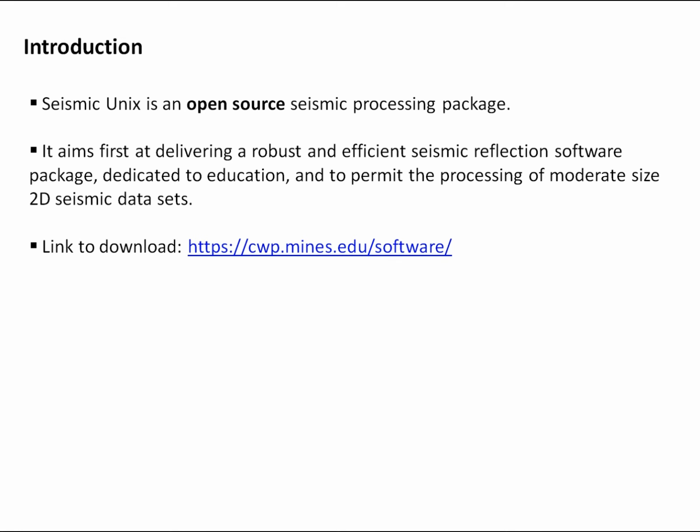This is the link where you can download this software and all the information related to Seismic Unix. One thing I would like to mention here is that all the information related to the software is in its manual. So if you want to really understand every bit of the software, you need to go through the manual in detail.